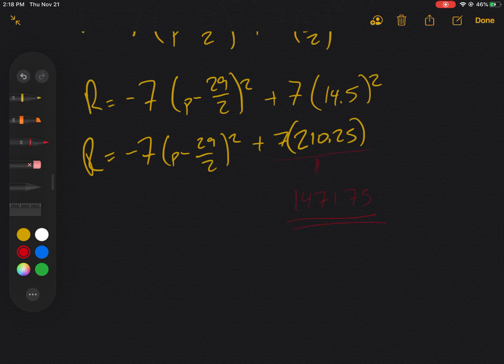And it happens when my price is this value, 29 over 2, which is 14.5.